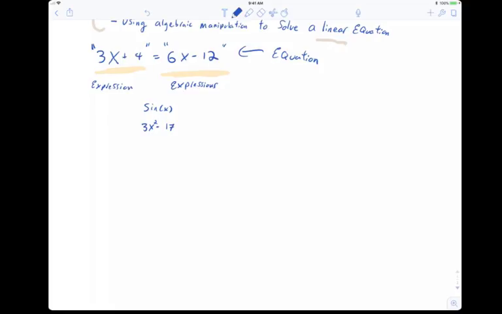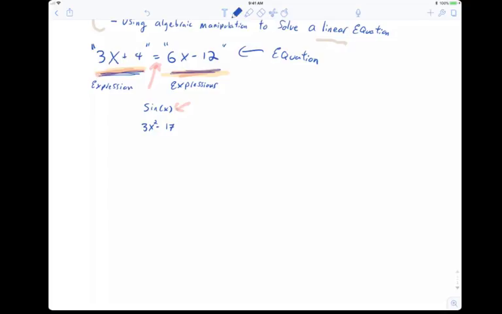An equation is us saying that this expression here has the same value as this expression here. The word equals is in the name. It's an equation if it has an equal sign in it. Okay. So, in other words, it's an equation if you see the equal sign and there's 2 sides to it. Some stuff on the left-hand side, some stuff on the right-hand side. So this side is an expression. An equation is a relationship between 2 expressions.